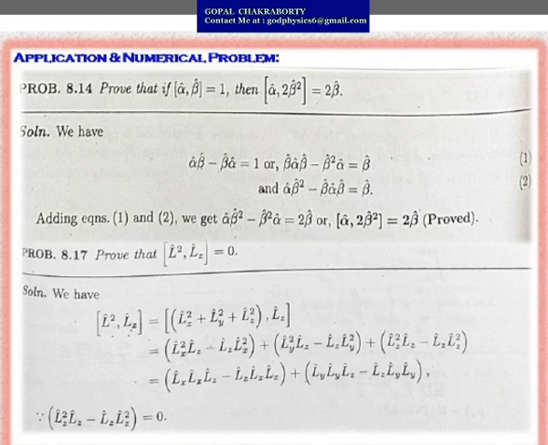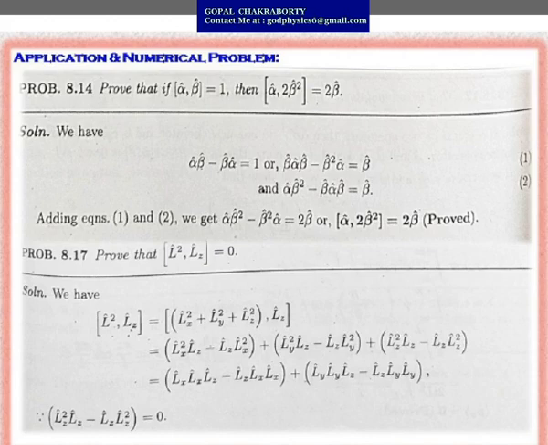Okay, as you know by the commutator property, first, alpha cap beta cap commutator equals 1, that means alpha cap beta cap minus beta cap alpha cap equals 1. So beta cap alpha cap beta cap minus beta cap square alpha cap equals beta, and alpha cap beta cap square minus beta cap alpha cap beta cap equals beta.